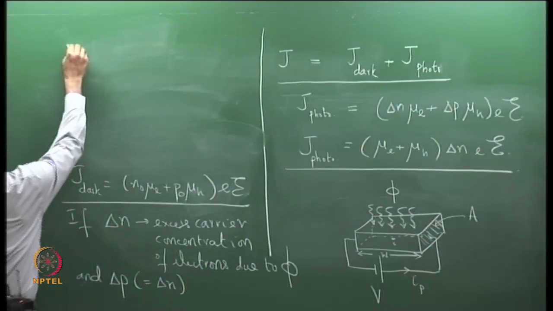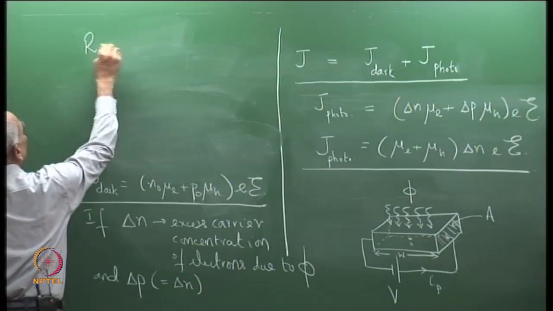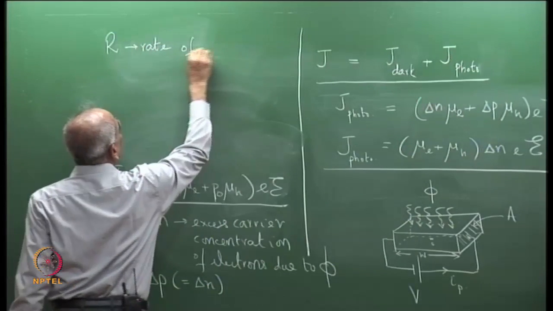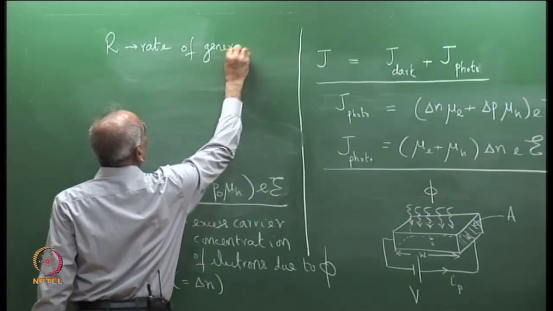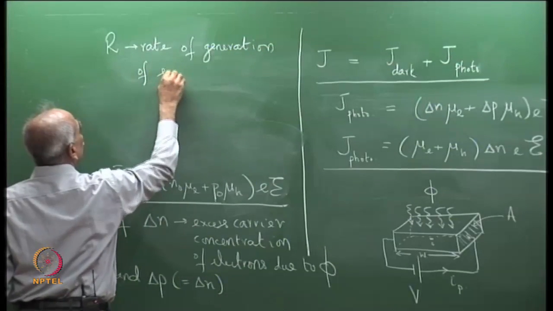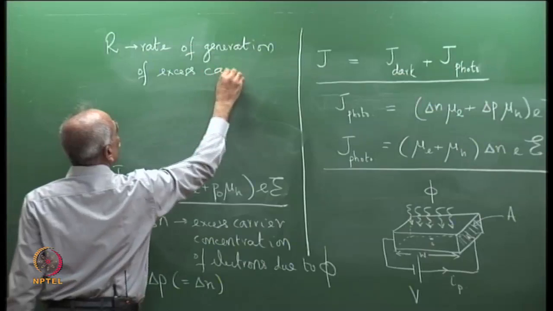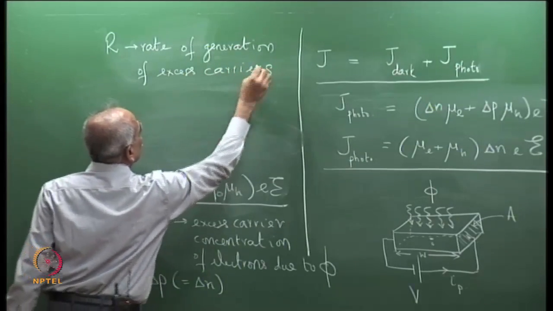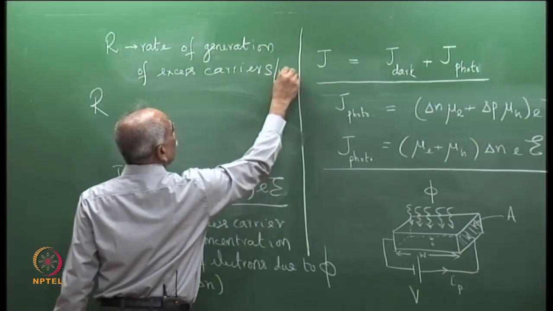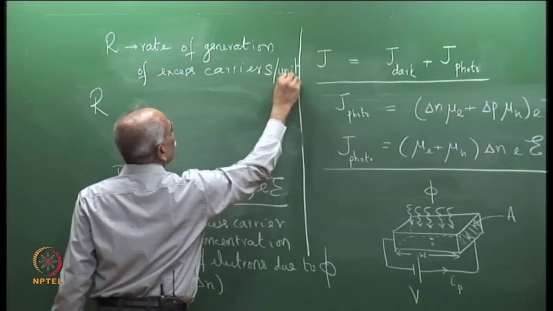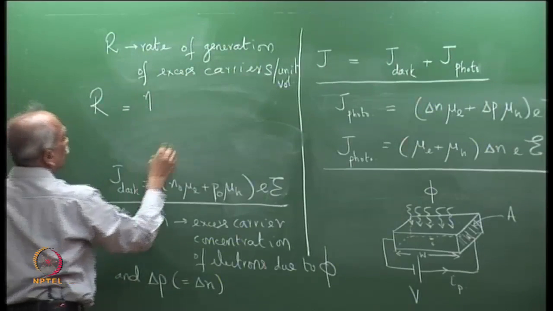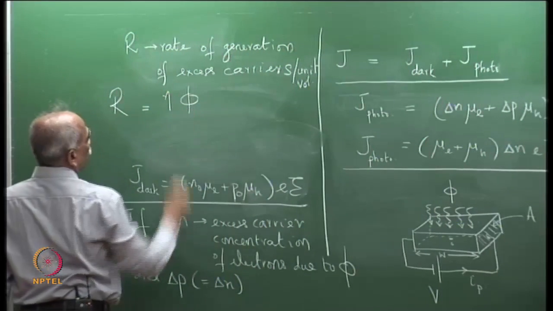If R is the rate of generation of carriers, that is, generation of excess carriers, then R per unit volume is equal to eta, the quantum efficiency, into photon flux.